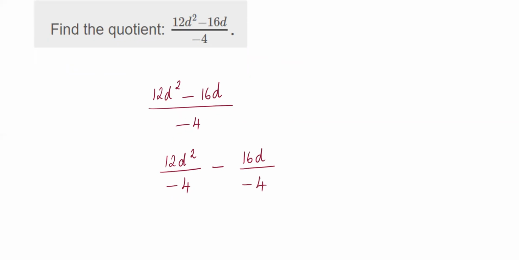Now we will handle the negative 4. 4 times 1 is 4. 4 times 3, so I get 3d squared over negative 1, minus, 4 times 1 is 4. 4 times 4 is 16. So negative 4d over negative 1.